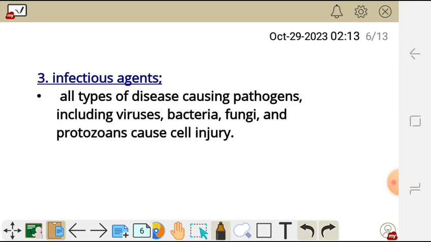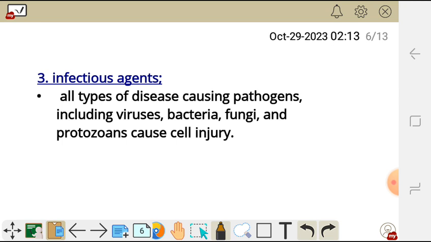Apart from toxins, we have infectious agents. Here we're talking about all types of disease-causing pathogens, which are viruses, bacteria, fungi, and protozoans. So these pathogens can cause cell injury.